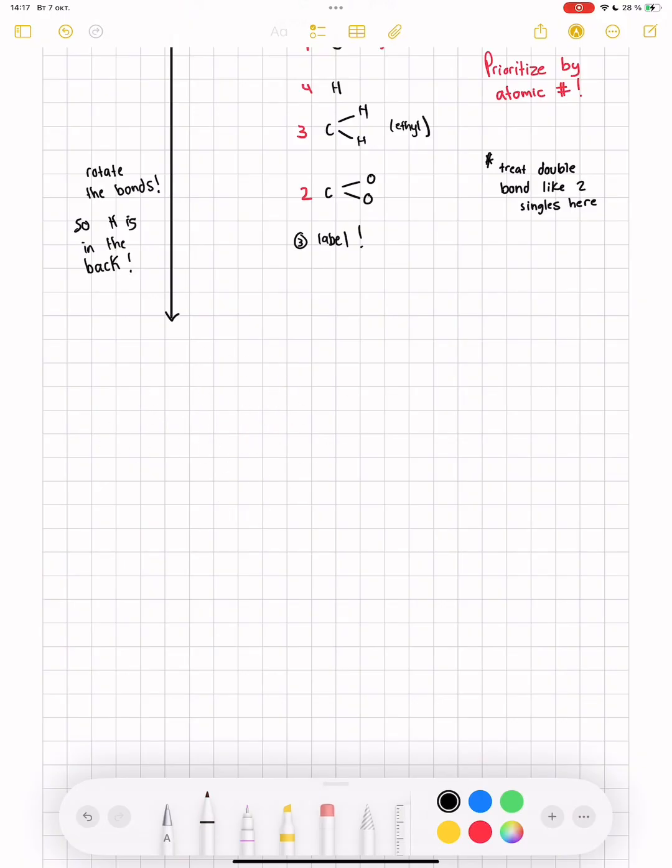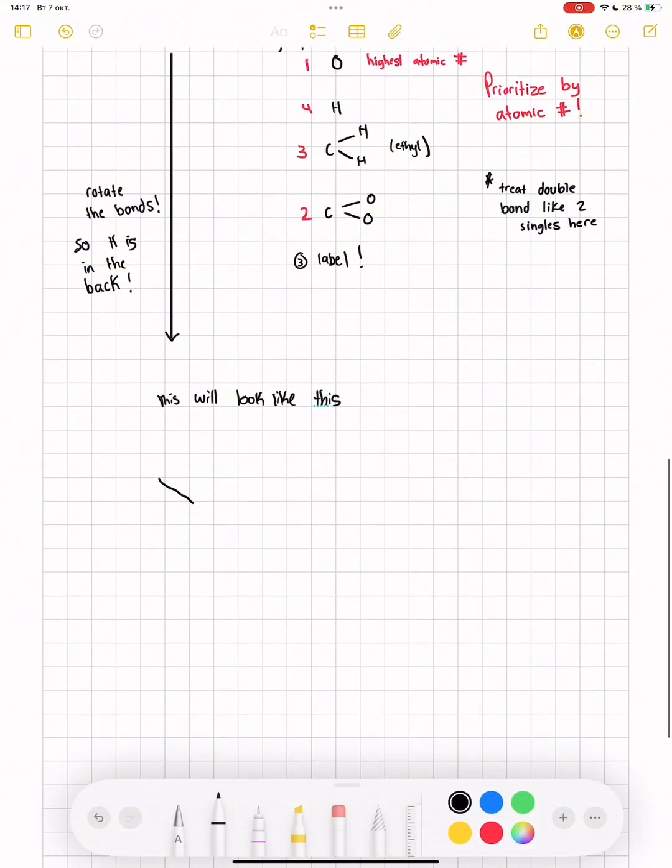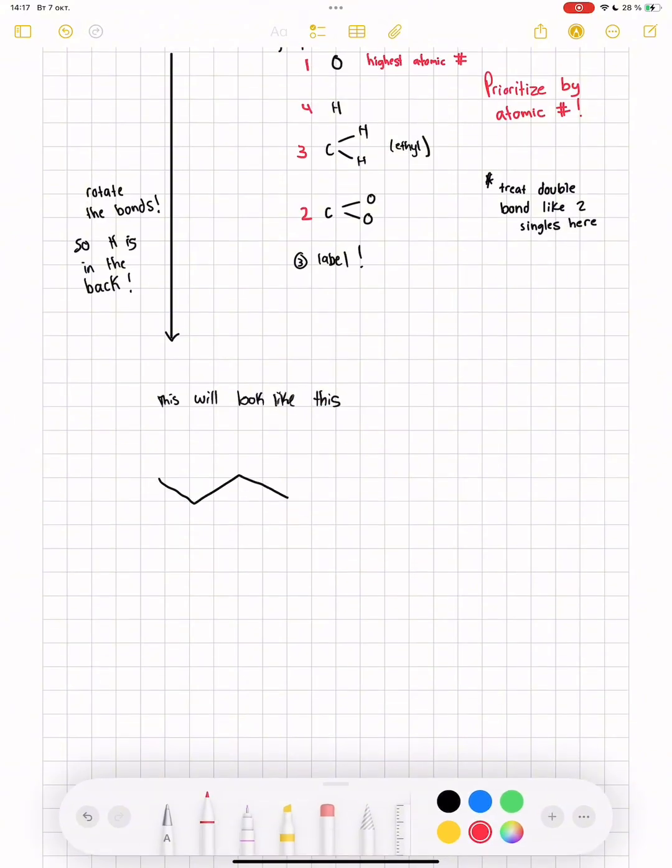Okay, so redraw the structure. And it'll look a little like this. So remember, we are moving that hydrogen to the dash. Let me just change color so it's all the same. Get my black pencil out. There we go.